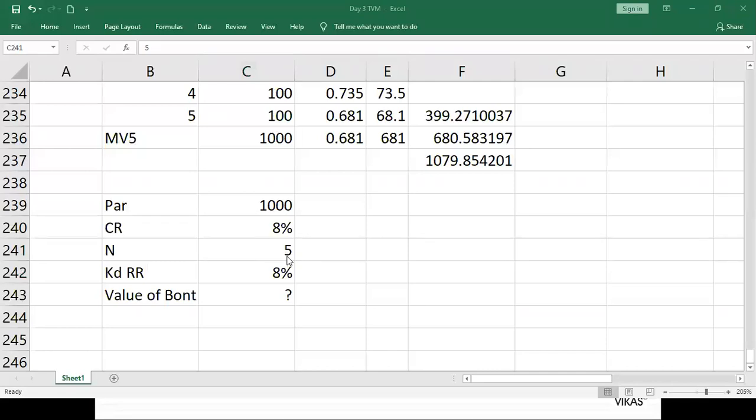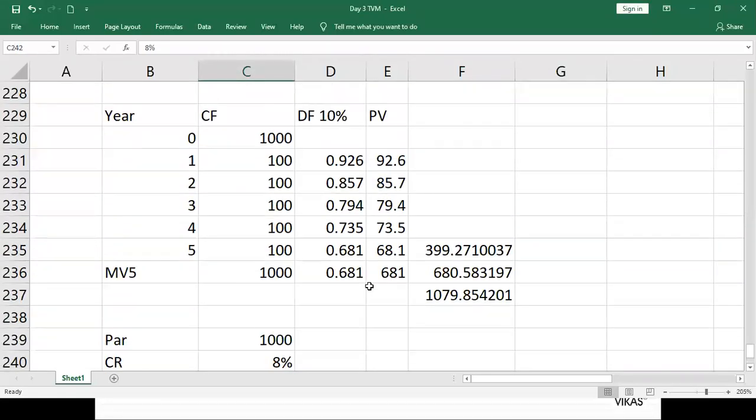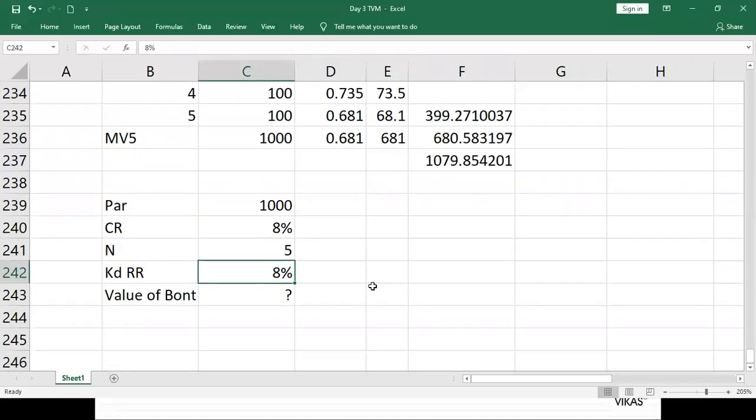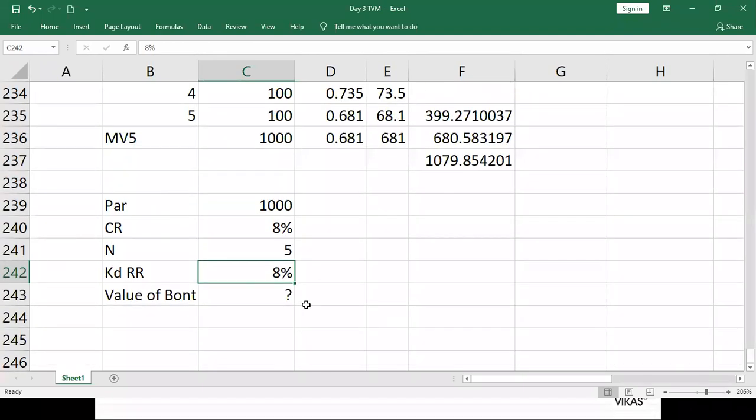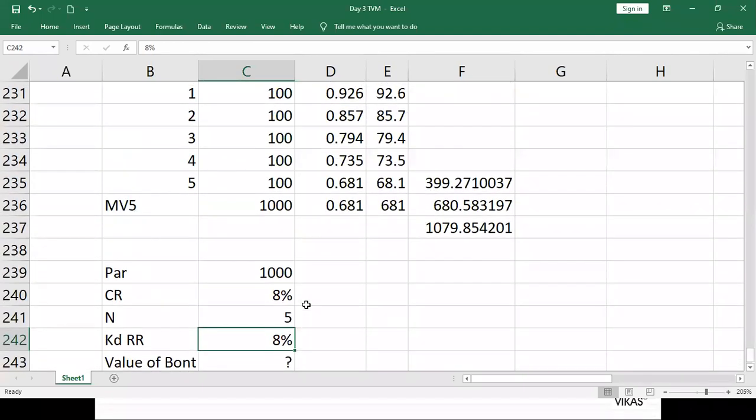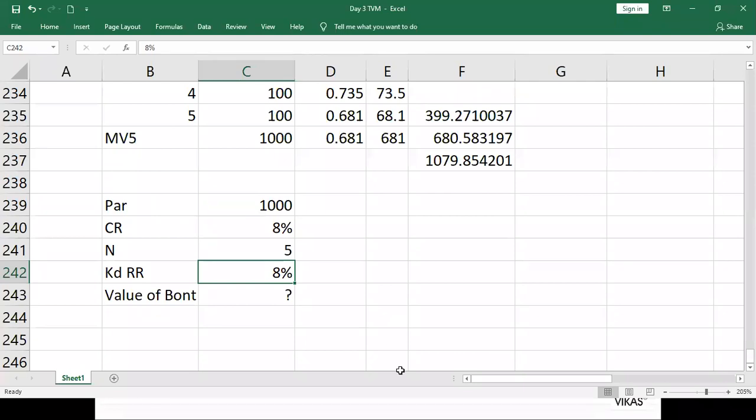If the coupon rate is 8% and the required rate of return is also 8%, what's the value of the bond today? I can say the answer without doing any calculation. What will be the answer?